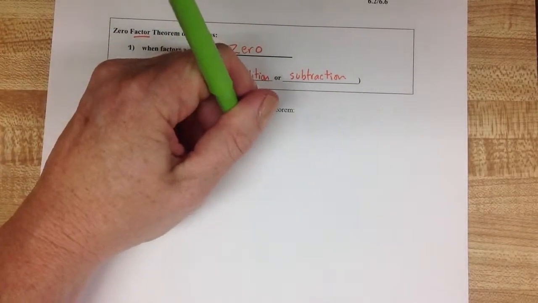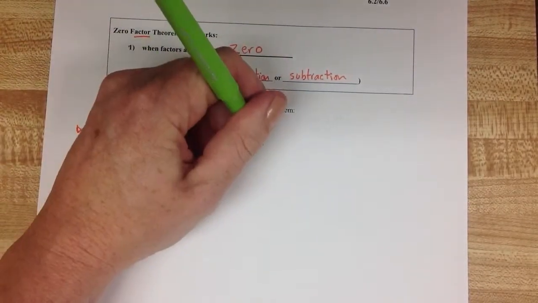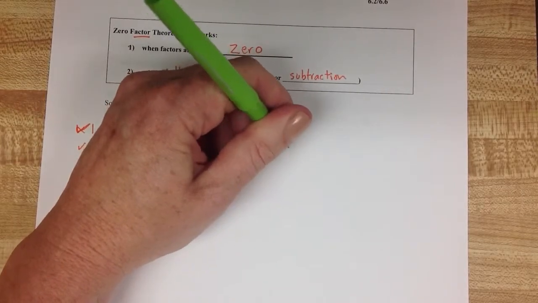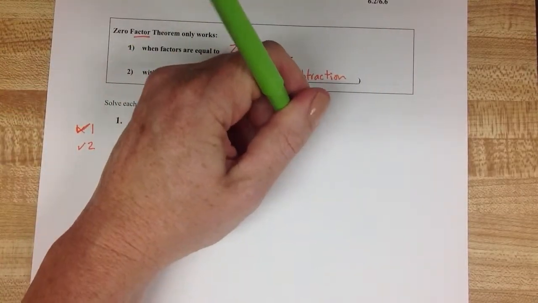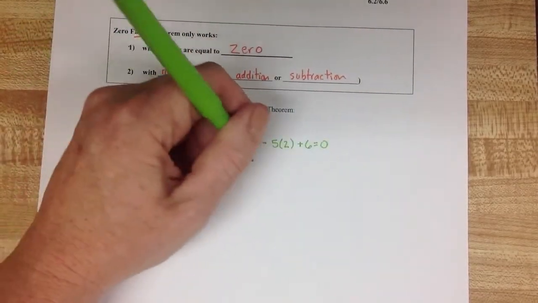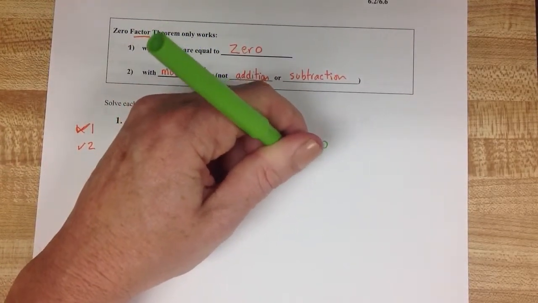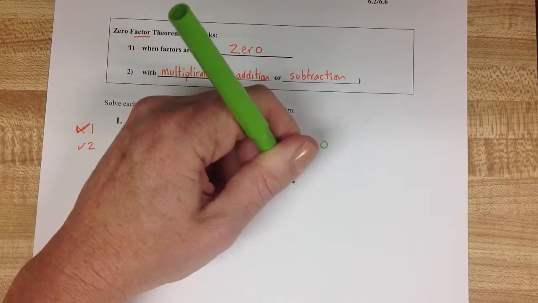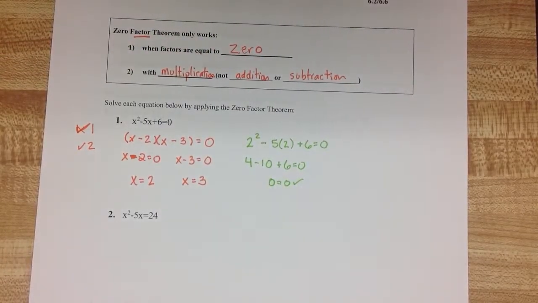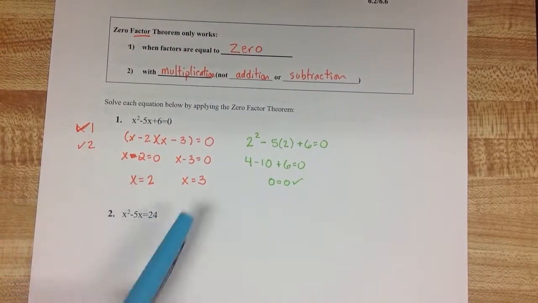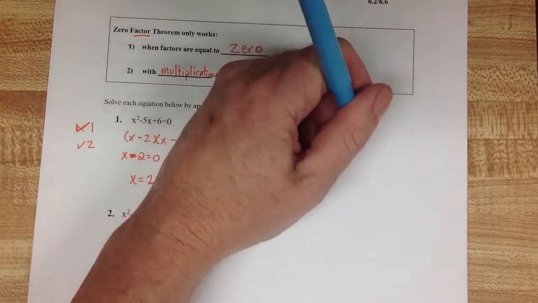if I square 2 and then subtract 5 times 2 and add 6, I get 4 minus 10 plus 6, which does in fact equal 0. 3 should also work. Let's make sure it does.